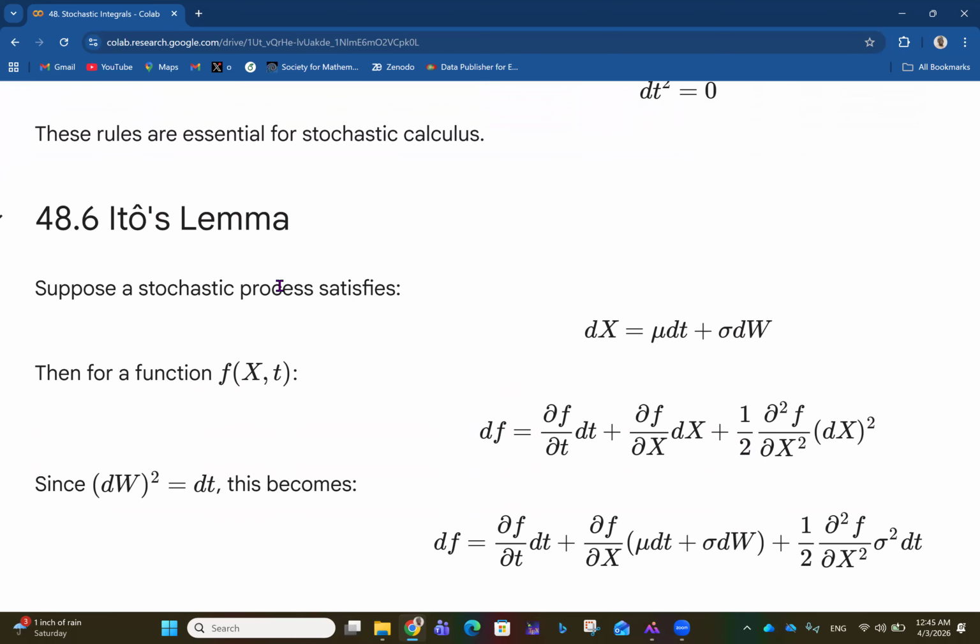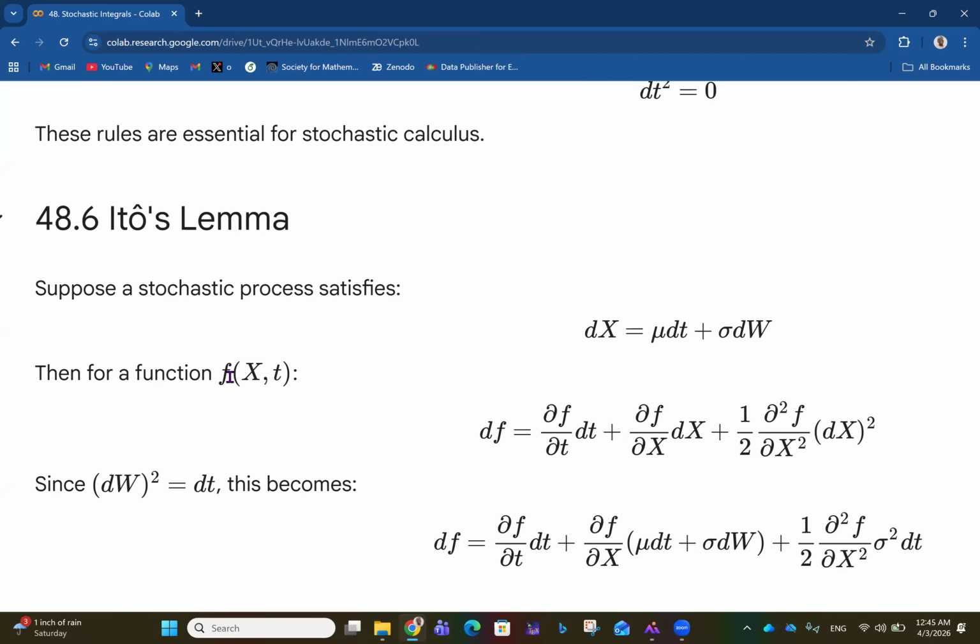So suppose the stochastic process satisfies that dx is equal to mu dt plus sigma dw. Then for a function f of x comma t, we can then have df, that's the derivative of f. Of course, it is going to be a sum of partial derivatives at best, right?